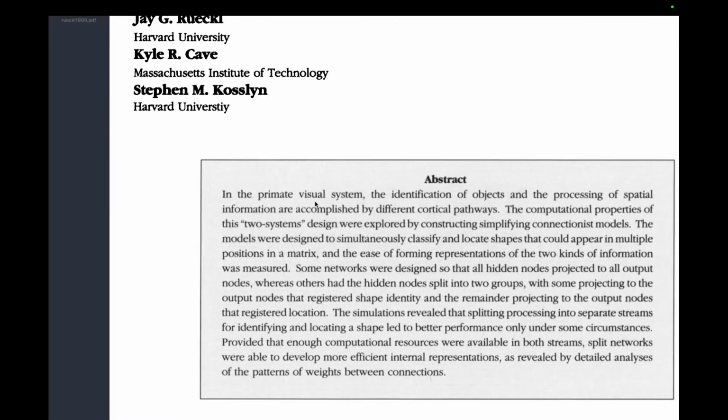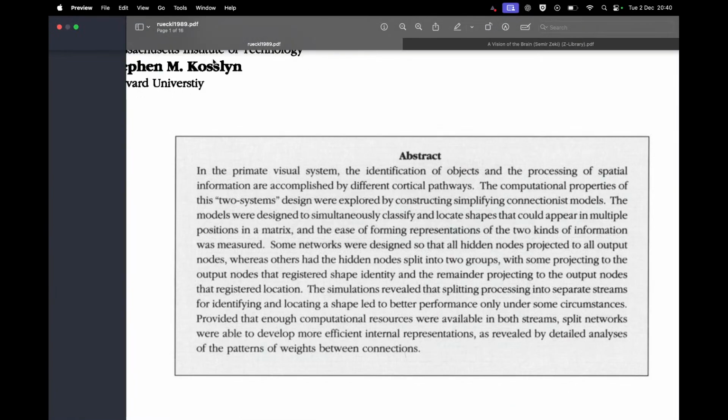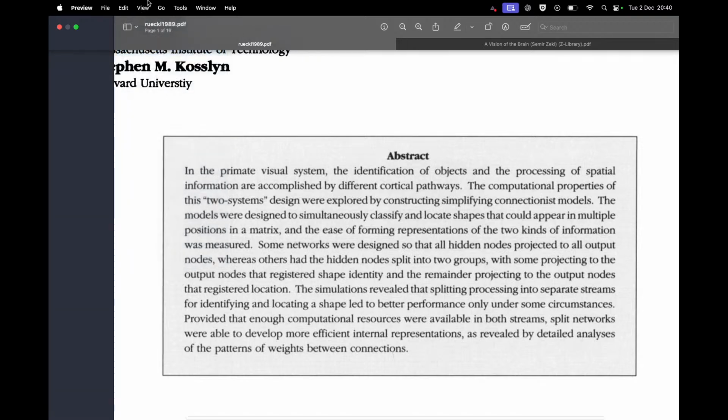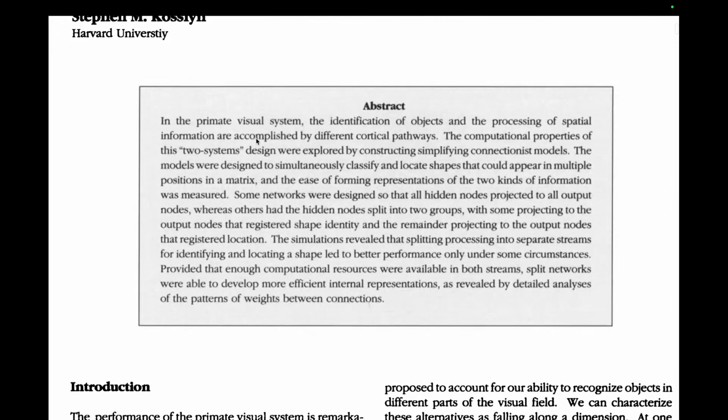I'll get rid of this thing on the left here. Here we go. Okay, so abstract.